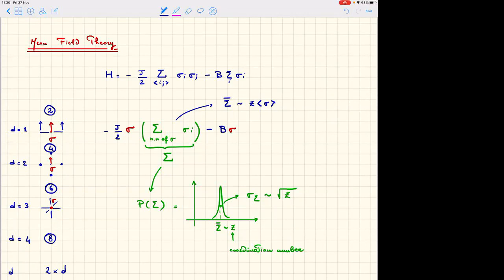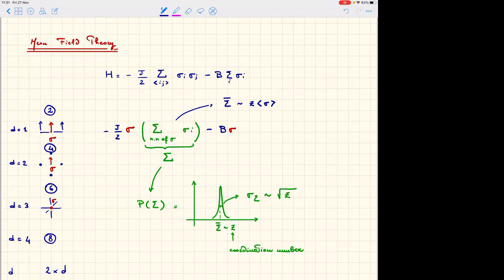This is going to be the average of this sum, because each lattice site is going to have the same expectation value of the magnetization because of translational invariance, and therefore we are going to have this result. I guess you agree with me.